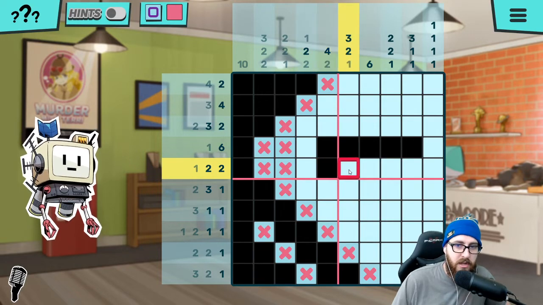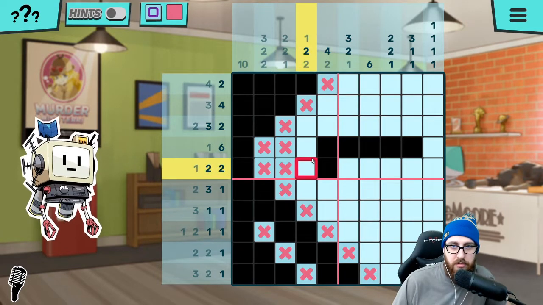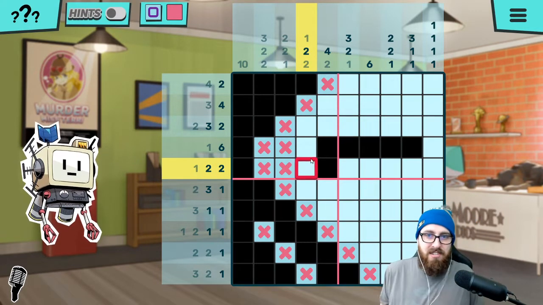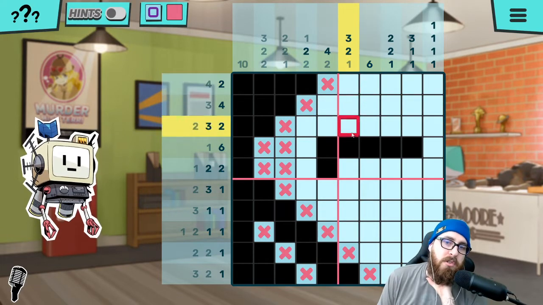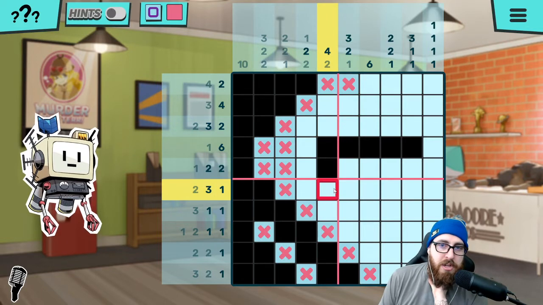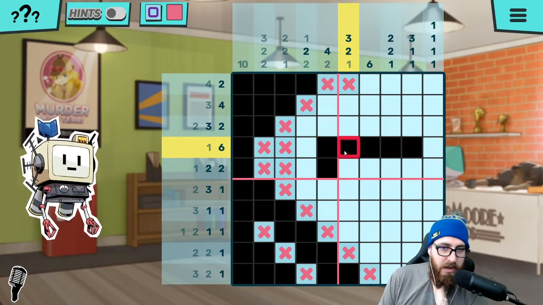We already have the 1. So this is going to be a 2 one way or another. That'll be a 2. 2, 3, and then a break for 1. 3, 1, 1. That 2 goes somewhere. So this has to be a part of the 3. So we actually know that's not a thing. Because we can't do the 3 first without running into that.